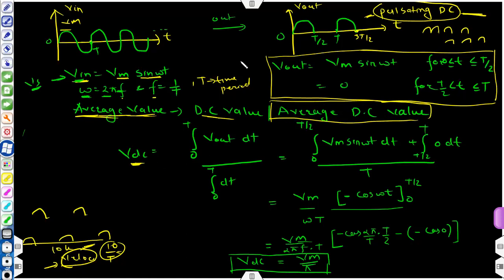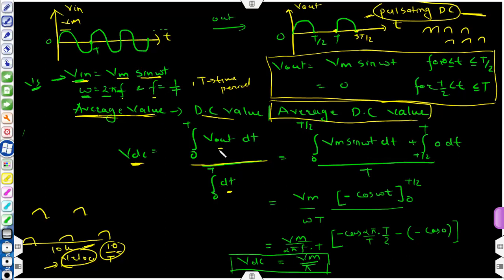For a periodic wave, we consider only one time period, and we take the average over one time period. That is given by the integration from 0 to T of V out dt, divided by the integration from 0 to T of dt. That is the simple definition of time average.